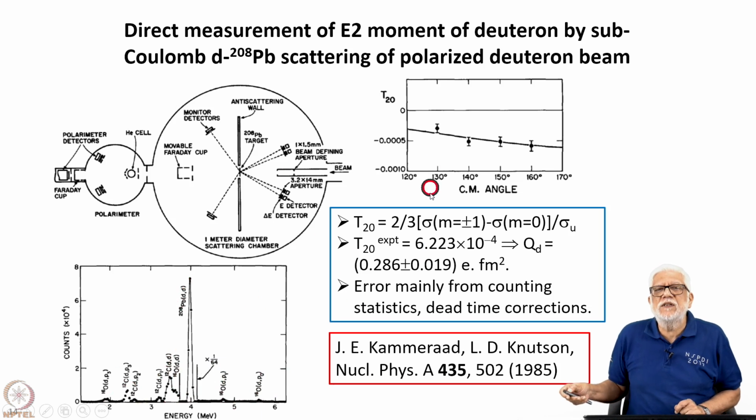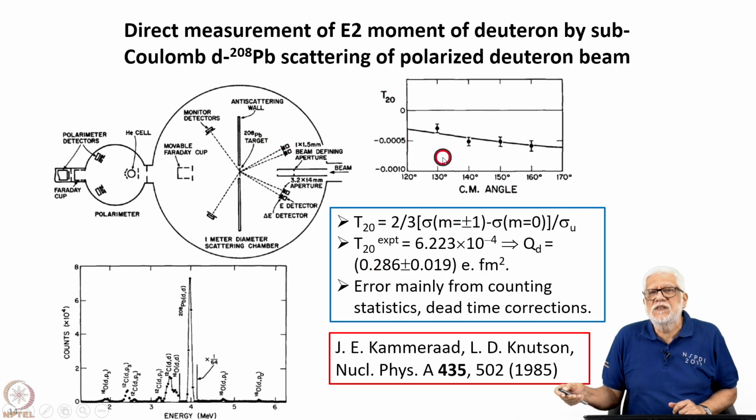What is plotted here is the so-called tensor analyzing power as a function of the center of mass angle. You can also rotate these detectors, and they have done this at 4 angles, 130, 140, 150 and 160 degrees, and there is a certain dependence on this.